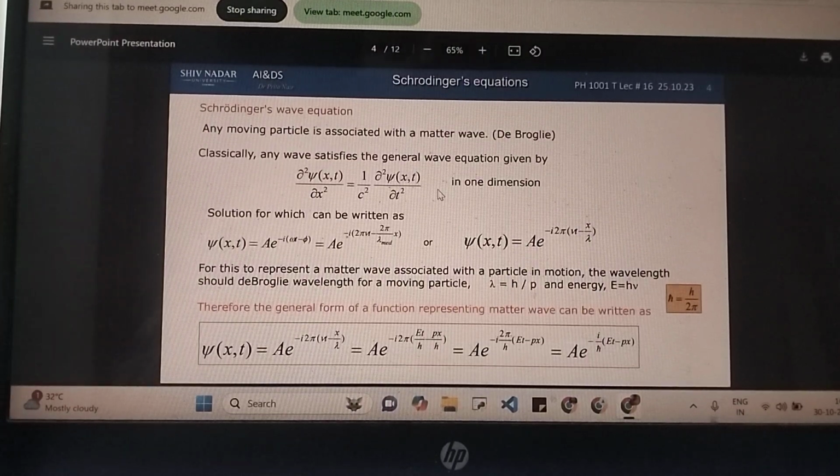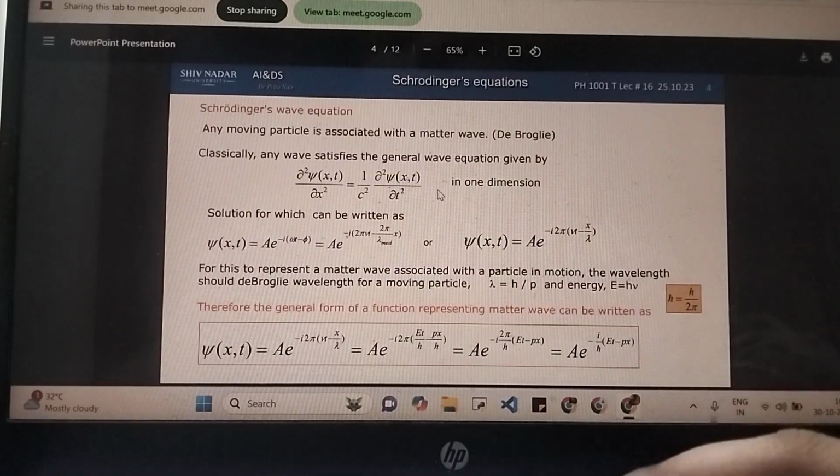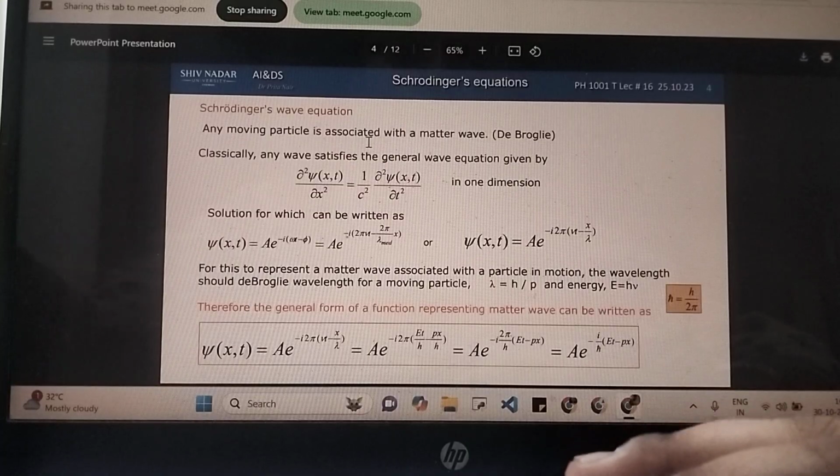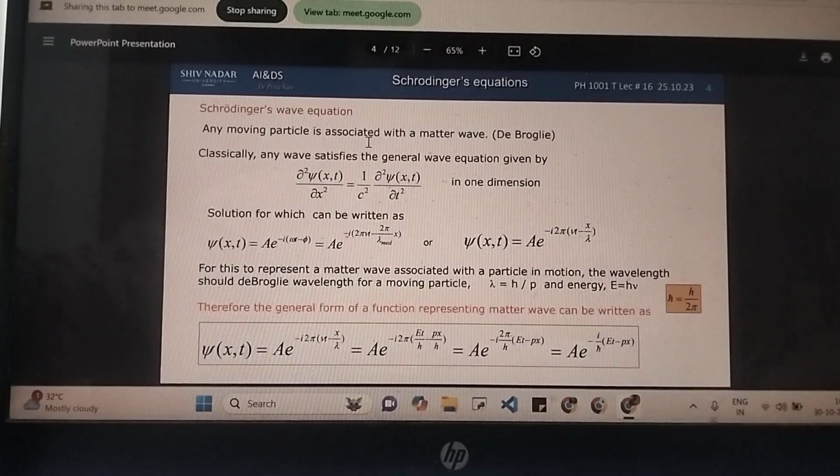They understood that only certain expansions satisfy all the experimental results they got, meaning they would expect some results from an experiment, and then they observe some results. Only when you take certain functions as psi of x comma t, the expected and the observed values match each other.